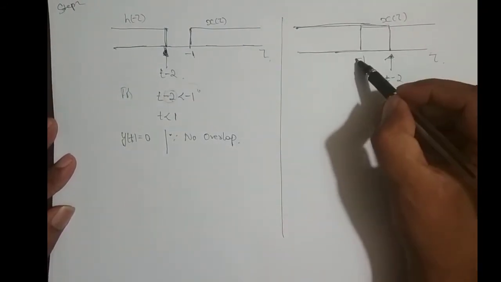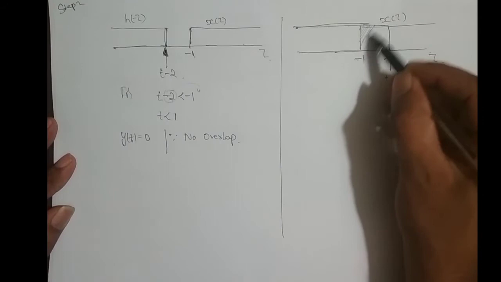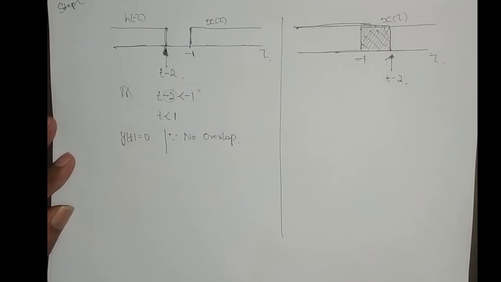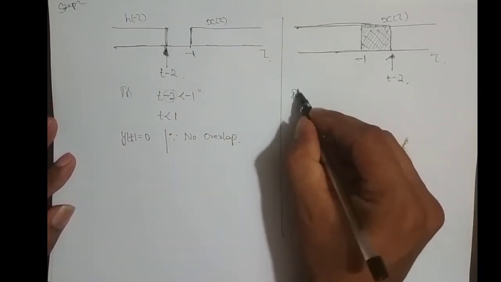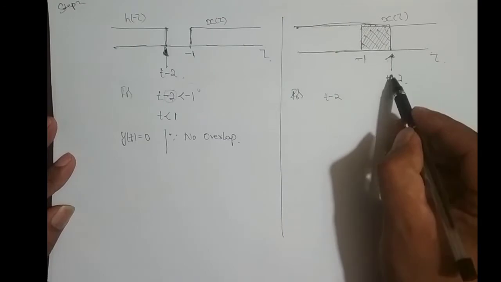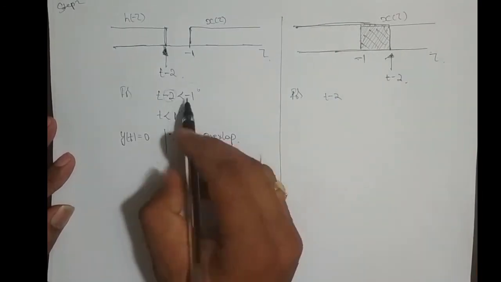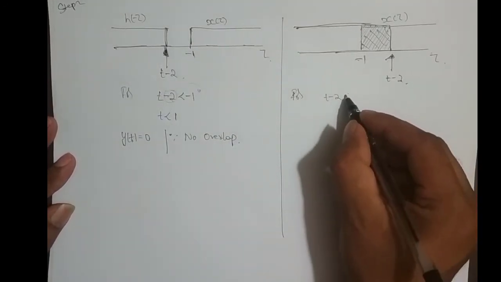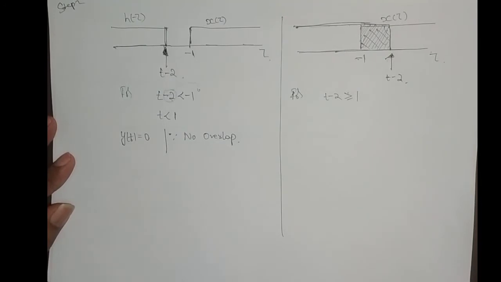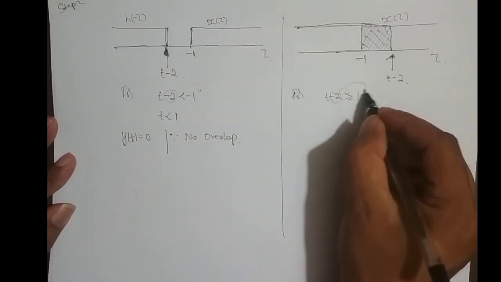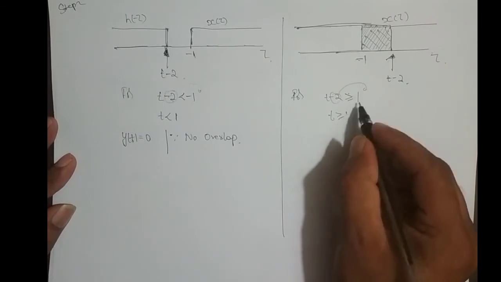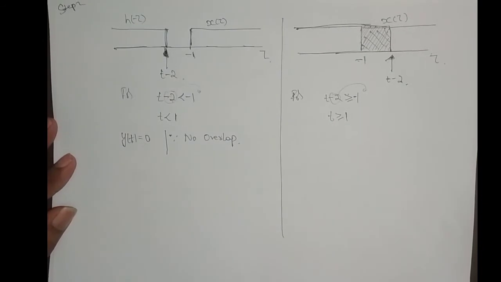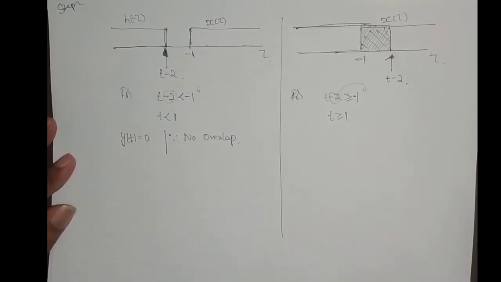The overlap region starts from minus 1 and ends depending upon where I keep this t minus 2 slider. Because I excluded it earlier, here I have to include that point, so t minus 2 is greater than or equal to minus 1. Therefore t is greater than or equal to 1.